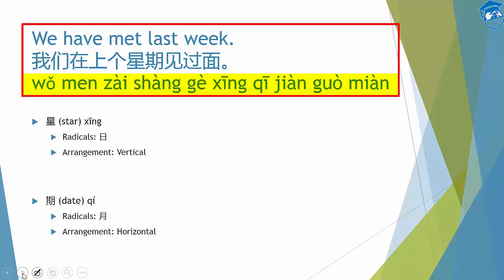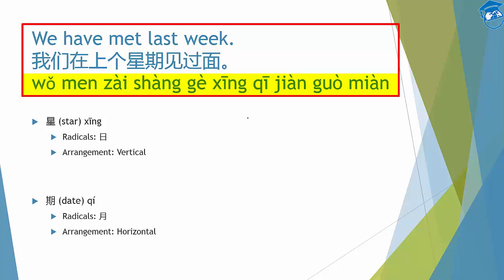So let's look at the two new words here. So 星 actually means star, but if you want to say star, it is 星星. Just repeat the word again, then you get the noun for star. This is the pinyin, and then the radical is what's on top, so the arrangement is vertical.